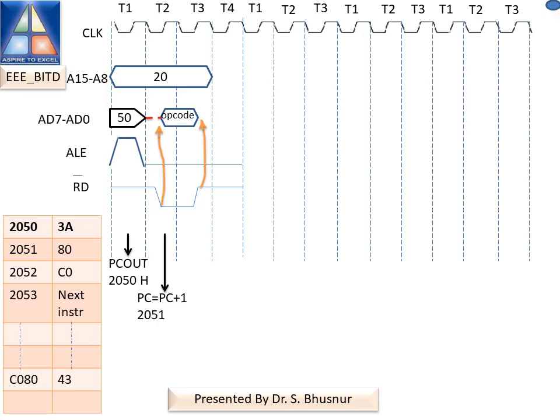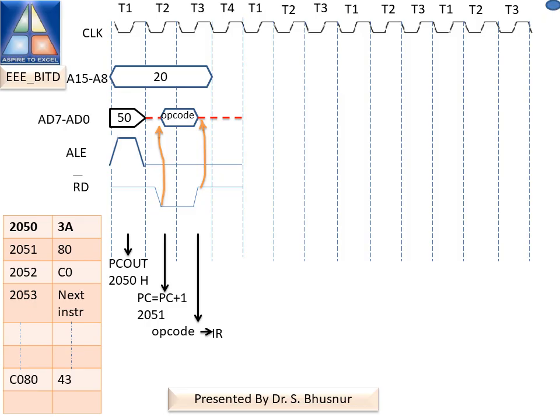Internally, the program counter is automatically incremented to point to the next address. During the third clock cycle of the first machine cycle, the opcode released on the data lines is brought inside the instruction register of the microprocessor, and the read signal becomes inactive again.